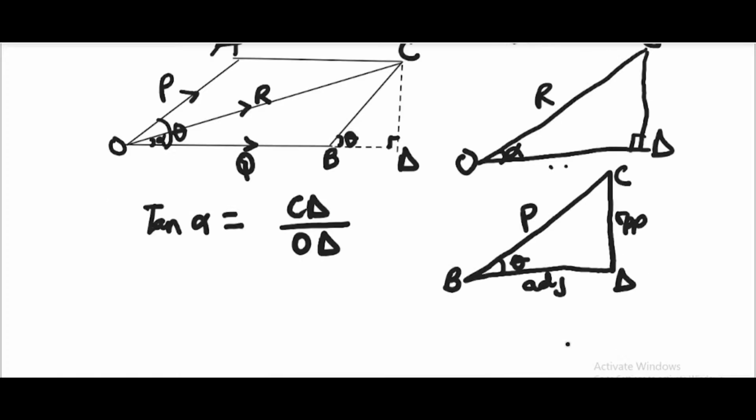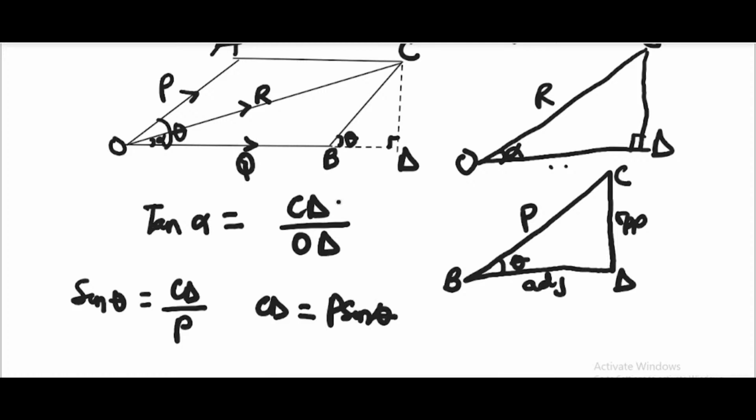So I will have sine theta equal to CD over P. Cross multiplying, I have CD equal to P sine theta.